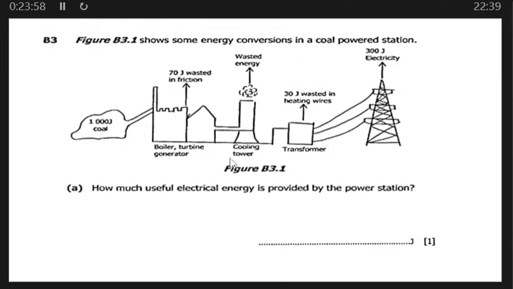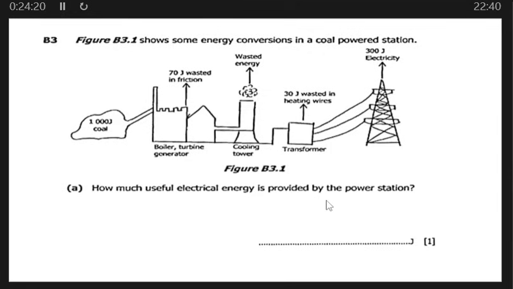We are seeing cooling tower, wasted energy here, 30 joules wasted in heating wires, transformer, then 300 joules energy, electricity. So the same question, no difference. Then the question says, how much useful electrical energy is provided by the power station?